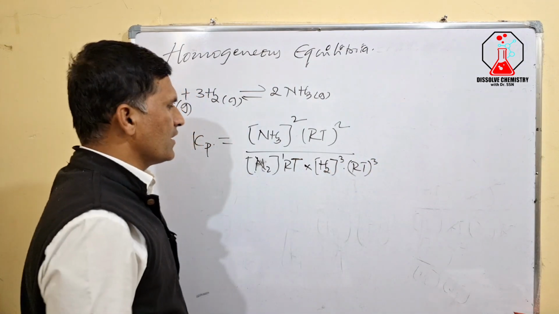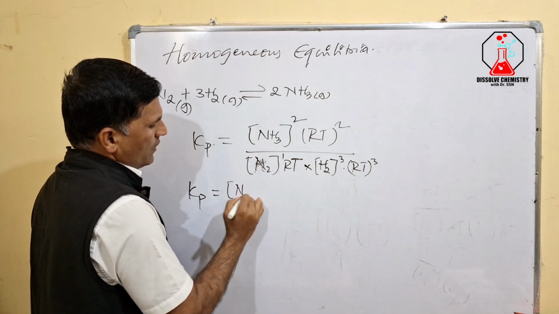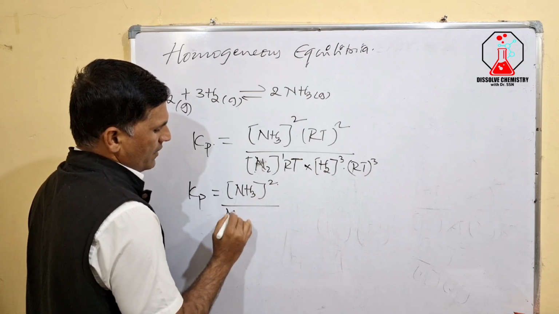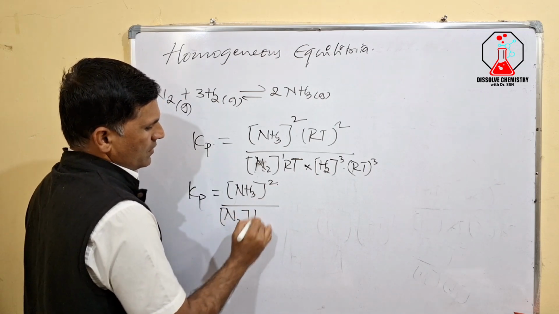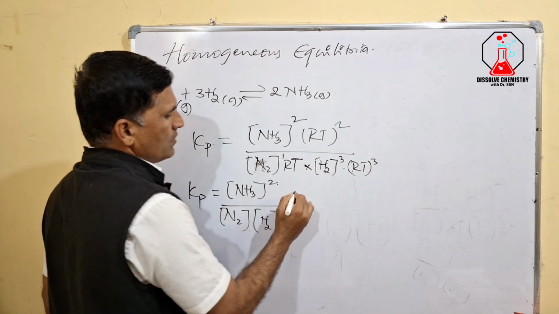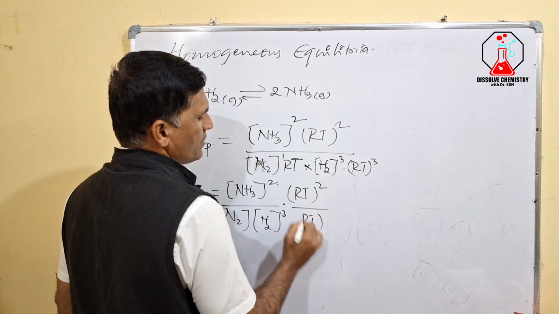So now Kp is equal to NH3 raised to the power 2 divided by N2 into H2 raised to the power 3, into RT square divided by RT raised to the power 4.